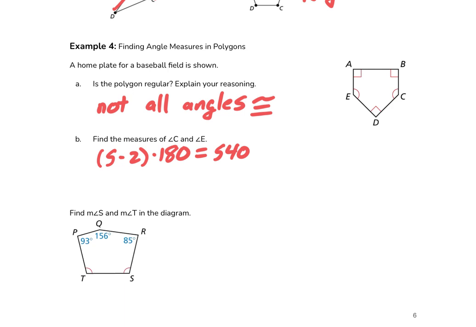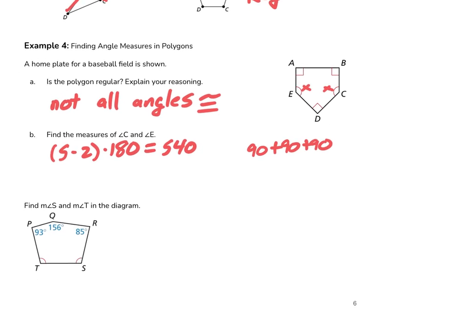We have 3 90-degree angles. So I'm going to go 90 plus 90 plus 90. Okay, I don't know E or C, so I'm going to put an X by them. They're unknown, right? So whenever something's unknown, we put an X by it because we're trying to figure it out.